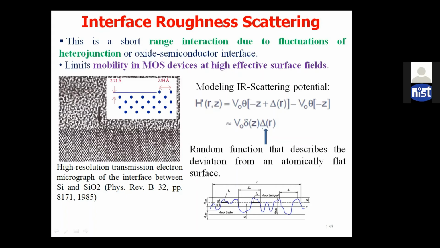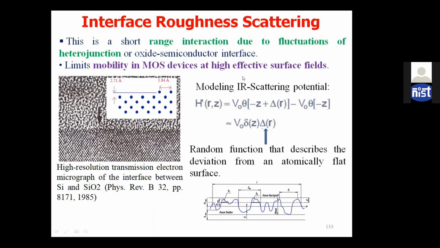So the roughness arises due to mismatch in the lattice constant as well as during the growth process. If your growth process is not fine, then you may also get a rupture at the interface. So that limits the mobility in MOS devices, specifically at high effective surface fields.